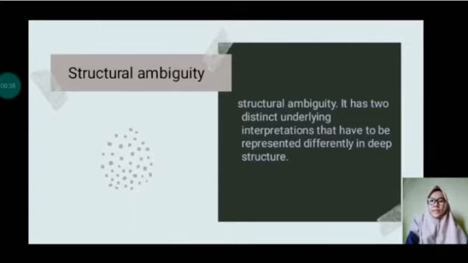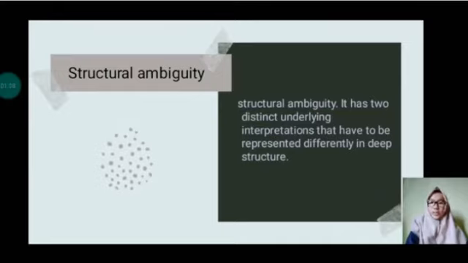And the second expression is Annie bumped into a man and the man happened to be carrying an umbrella. From these expressions, both can be presented as a surface structure form as Annie bumped into a man with an umbrella.